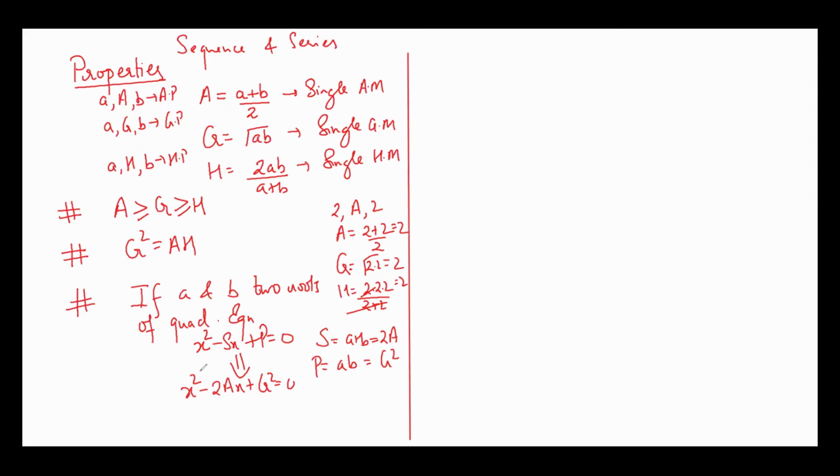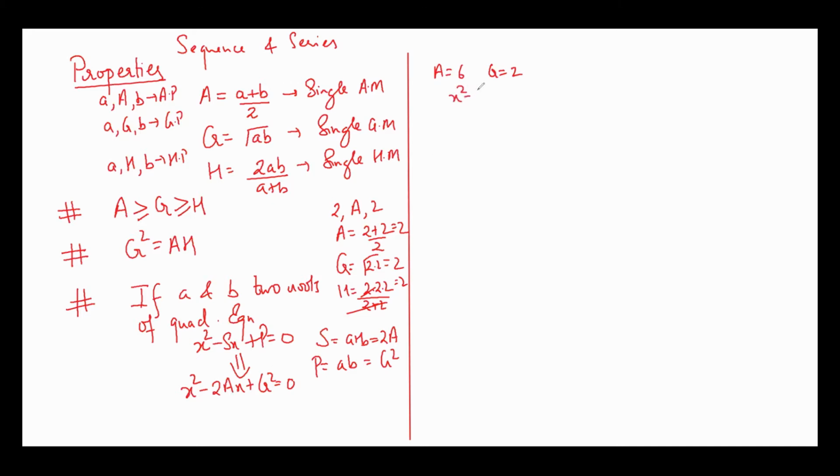Okay, now this is how we can obtain quadratic equation if they have given us the values of arithmetic and geometric means. That means what type of question you get here? Suppose they have given you A equal to 6 and G suppose 2, and you have to find the quadratic equation. So you can just put the value of A here and G here.